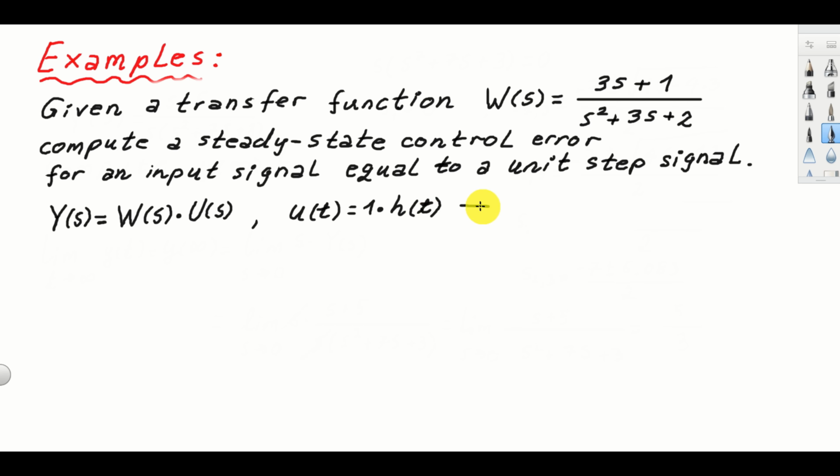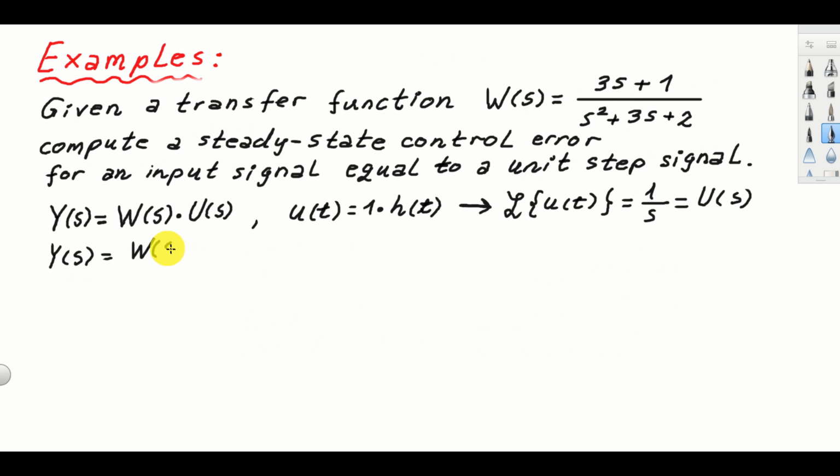Now, the Laplace transform of the Heaviside function, let's write it like this, the Laplace transform of u(t), is 1 over s. And this is our U(s). Consequently, our output will be Y(s) equal to W(s) multiplying 1 over s.